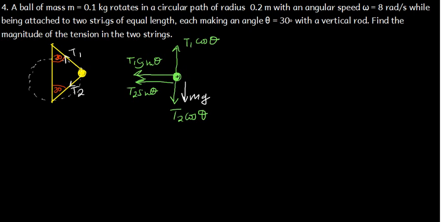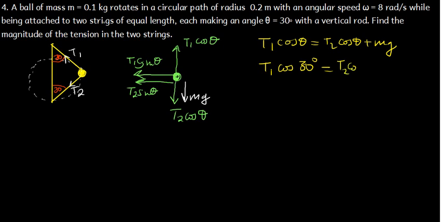The upward forces, that means T1 cos theta, should be equal to the downward forces, that is T2 cos theta and mg. Now T1 we don't know, cos we know the angle is 30 degrees for T1, and for T2 the angle is also 30, and then the mass is 0.1, and g, that is gravity, is 9.8.